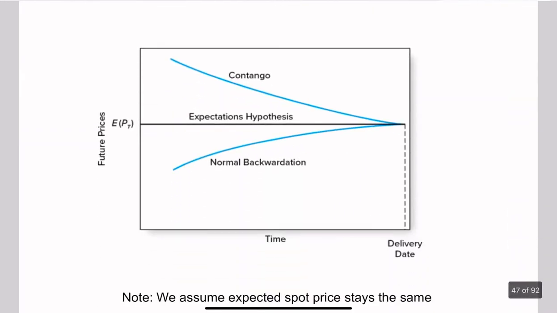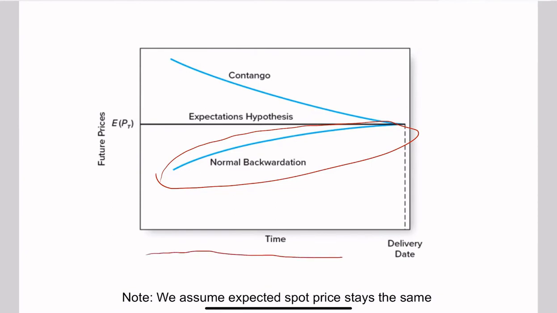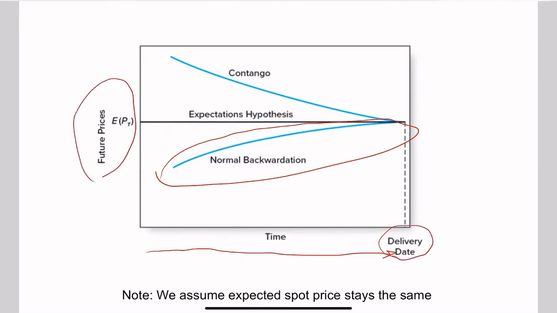So it means this. The horizontal axis is time, right? So this is the delivery date. The vertical axis is futures price. So in the beginning, at F0, we know that it has to be smaller than E(P_T).